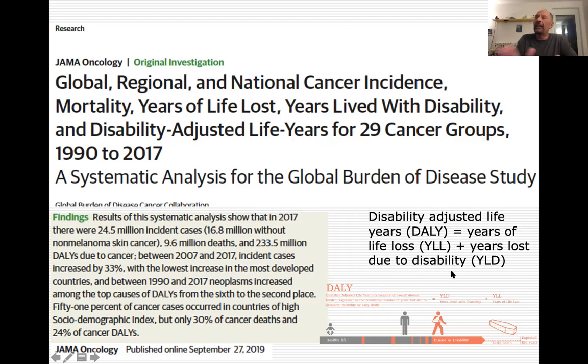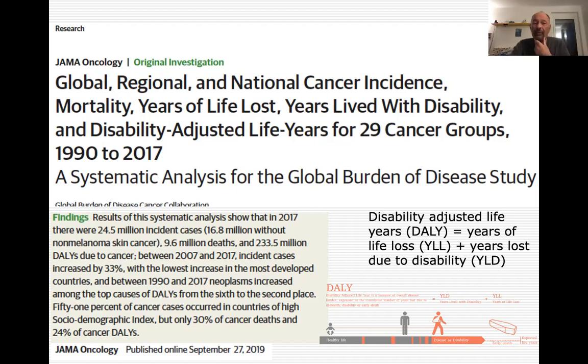This gives a very good idea of the impact of a cancer. It's much more than mortality, because it includes the latency, how early the cancer comes, how much it really impacts the life, the quality of life.